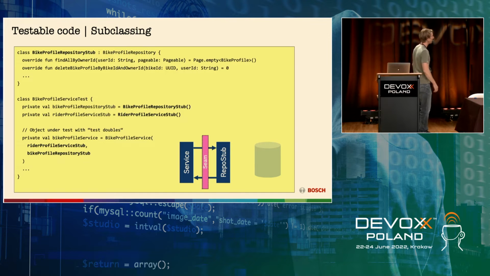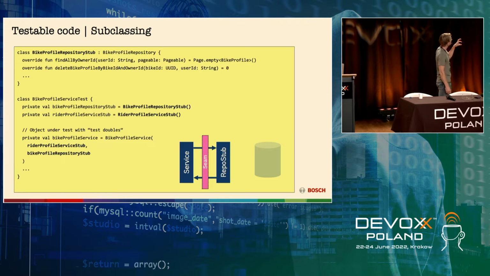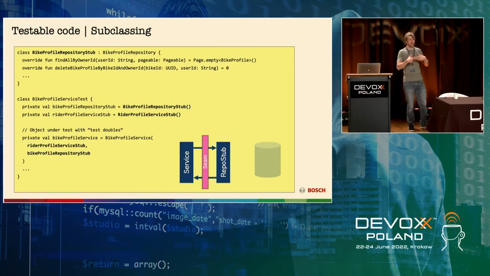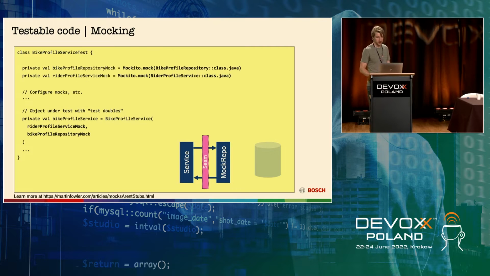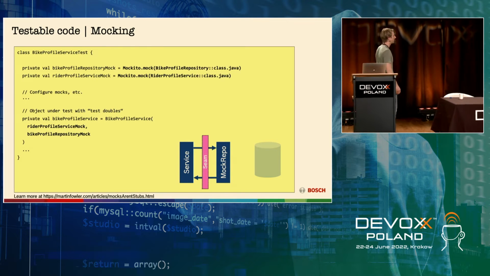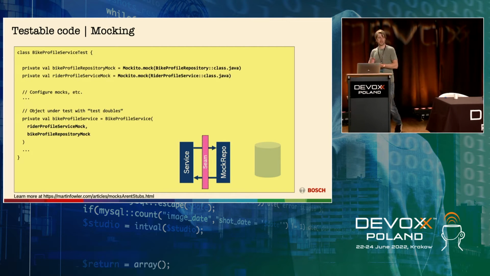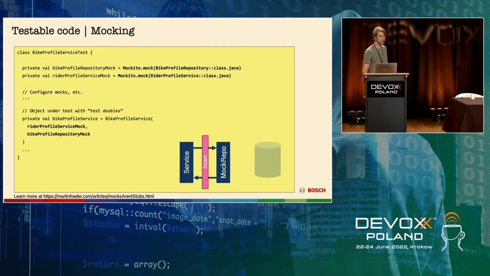So this is an example of subclassing. You derive a subclass from one of your dependencies, and then instead of passing the real dependencies into the service that you want to test, you just pass the stubs. And it's similar with mocks. Here I'm using Mockito, and you just say, okay, I want to create mocks of this type, and Mockito does some reflection magic and creates those mocks.